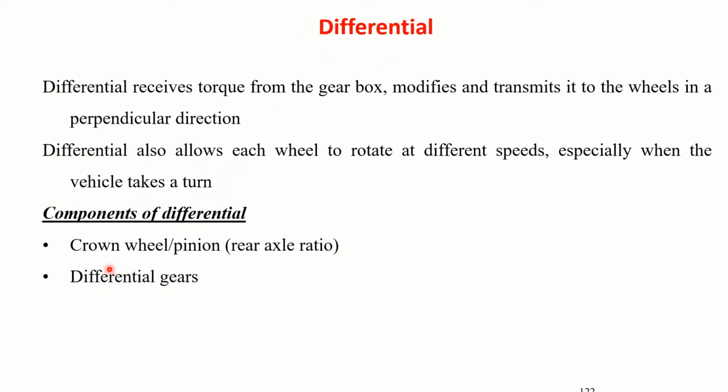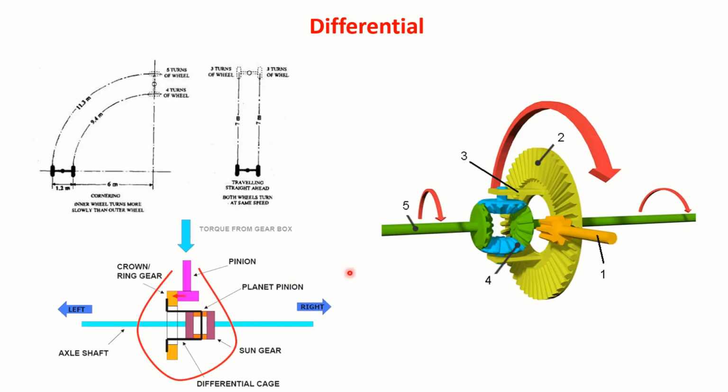Basically the components of the differential are, one, the crown wheel and pinion, what you call the final drive. Then you have the differential gears. You can see here, at the end of the propeller shaft we would connect this pinion, which will drive this crown gear.